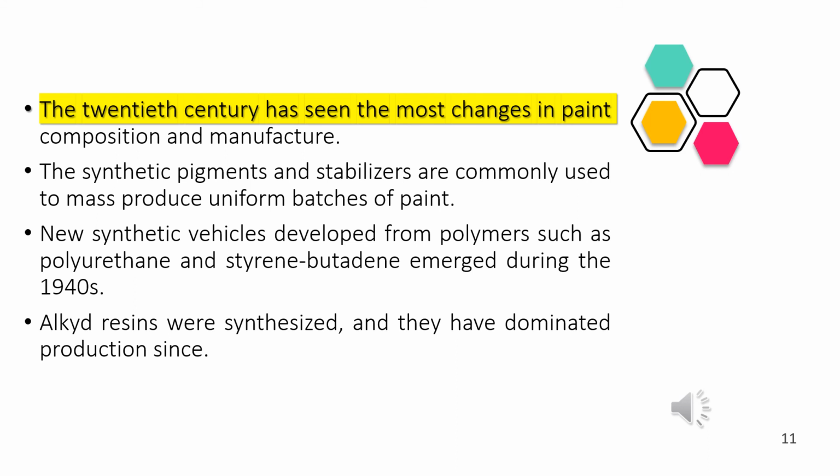New synthetic vehicles developed from polymers such as polyurethane and styrene butadiene emerged during the 1940s. So during the 1940s, there were advancements made in the field of paints. During this time, the new synthetic vehicles were developed from polymers, for example, polyurethane and styrene butadiene.